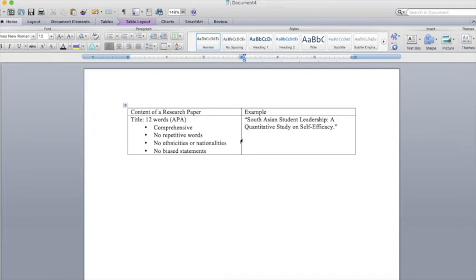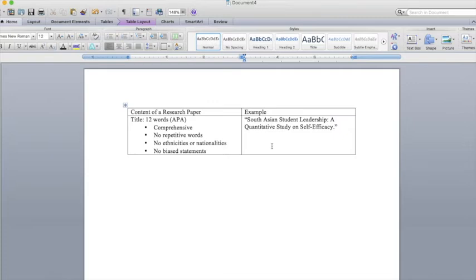So no ethnicities or nationalities. Okay, we've got a slight problem here because now my study is entirely based on this group. So I am going to include South Asian. This is just categorizing students based on the geographical location, but then I won't be including anything other than this.